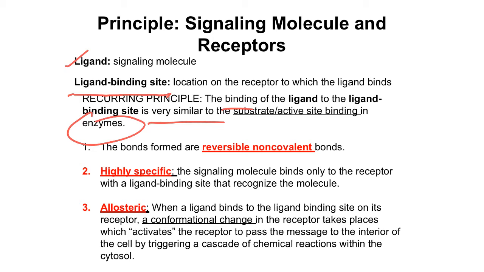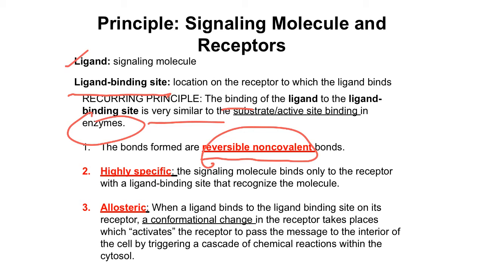First, the bonds formed between the signaling molecule and the receptors are reversible non-covalent bonds. So, I put that in red. And I would like you to consider the implication of this, the reversibility, and the fact that the interaction is non-covalent.